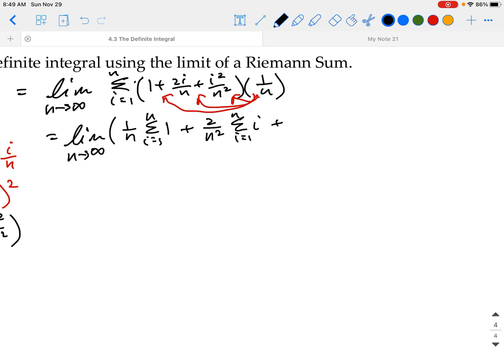And then finally we'll have i squared over n cubed, so we can factor out 1 over n cubed, and we'll have the sum of i equals 1 to n of i squared.